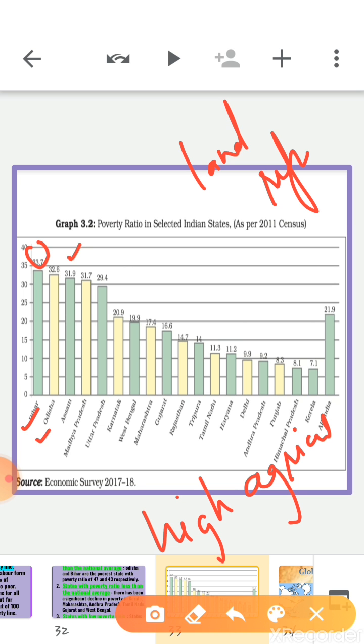In West Bengal, land reform measures have helped in reducing poverty. And in Andhra Pradesh and Tamil Nadu, the public distribution of food grains, that means the PDS system, could have been responsible for the improvement. Clear?